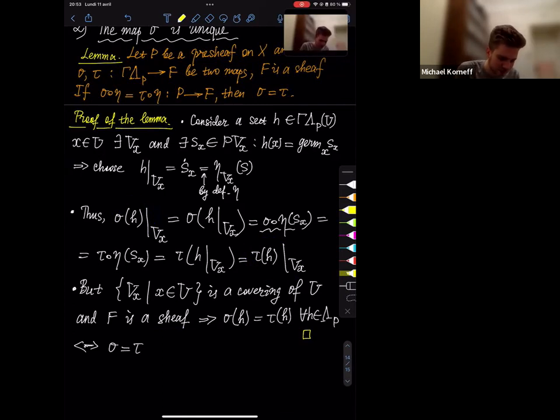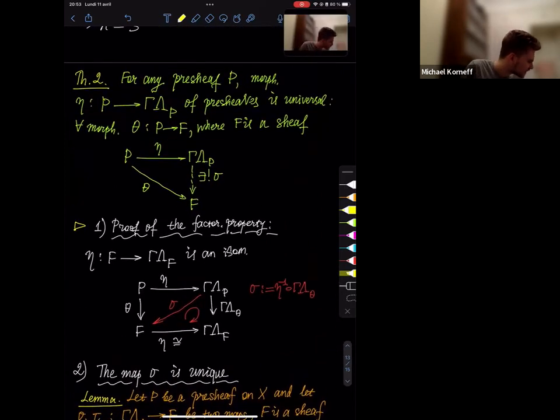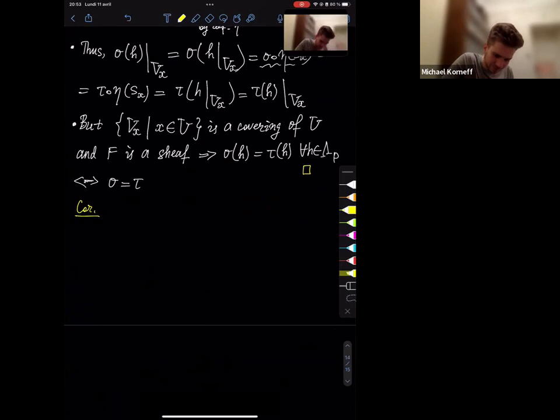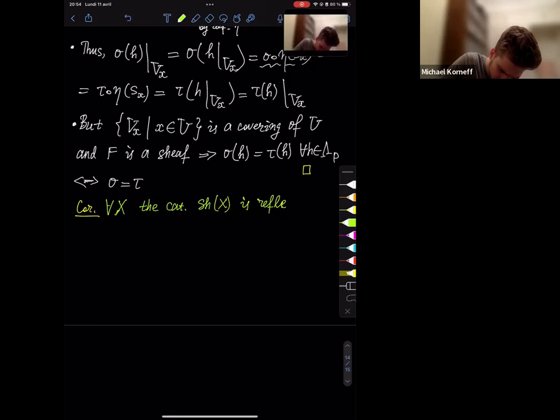Now we have proved the following theorem, and I think I can formulate a very important corollary, which tells us that for any topological space X, the category of sheaves on X is reflective in the category of presheaves.